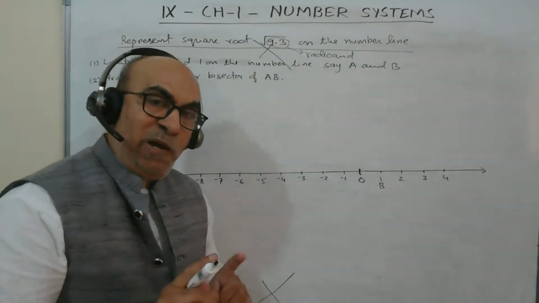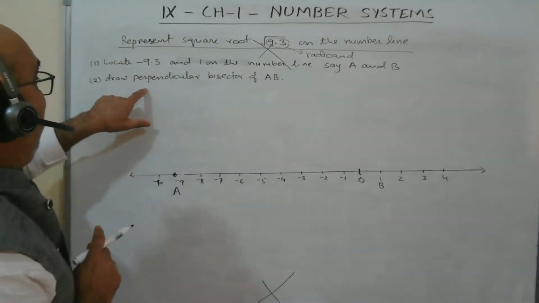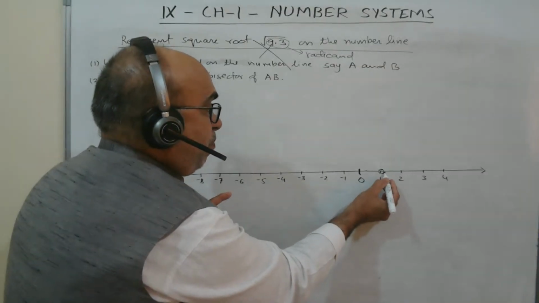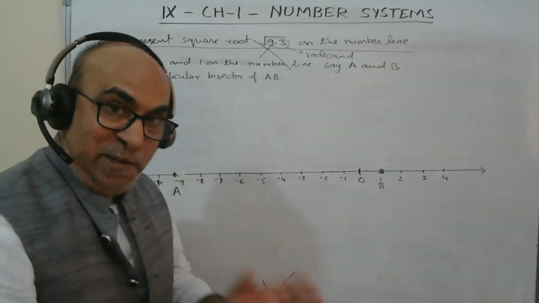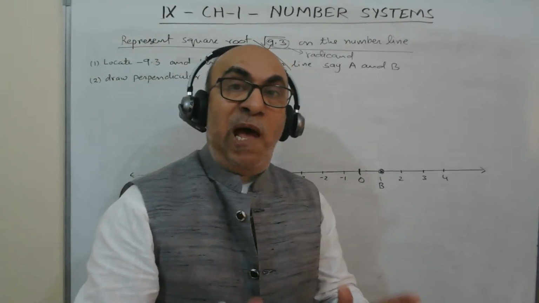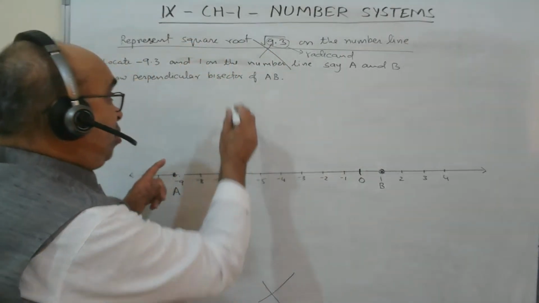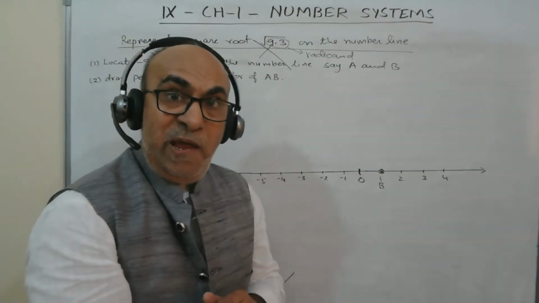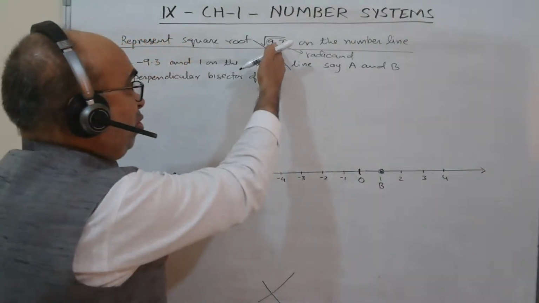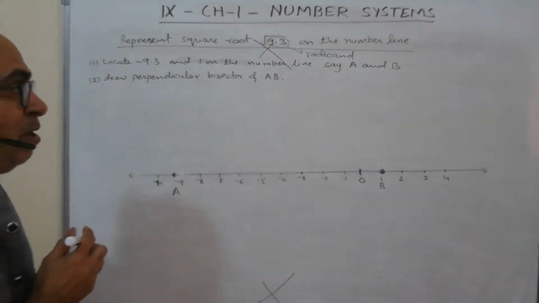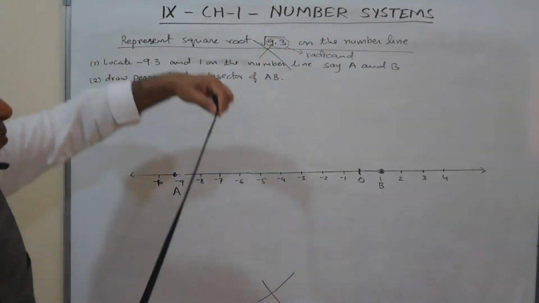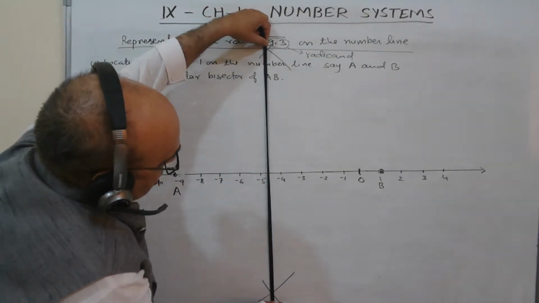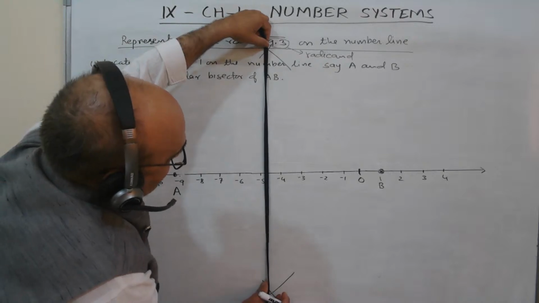With the help of compass, draw the perpendicular bisector of AB. How to draw it? Taking A and B as centers, radius more than half of AB, draw arcs on both sides of the line segment in such a way that they must intersect each other. See, both of them are intersecting. Now, with the help of a ruler, you have to mark the point on the number line.